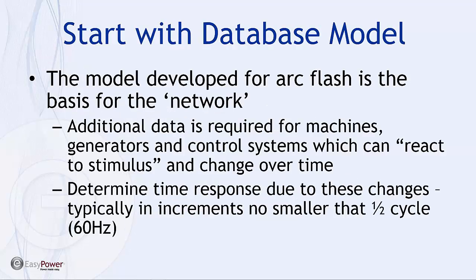So as we start with the database model, although it's developed for the arc flash, it provides a network that we can then add or make the variable elements enhanced, and then our program can calculate the new PowerFlow solutions at a given change in time. Typically, and we can control these, the smallest increment would be about a half cycle between steps.